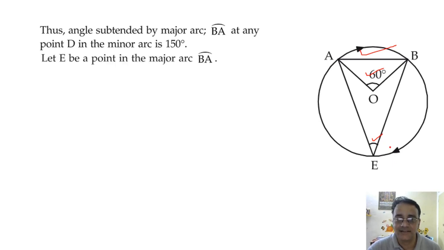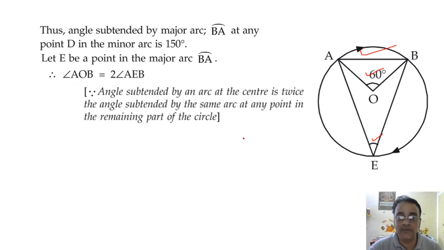So angle AOB is equal to 2 times angle AEB. Why? Because the angle subtended by an arc at the center is double the angle subtended by the same arc at any point in the remaining part of the circle.